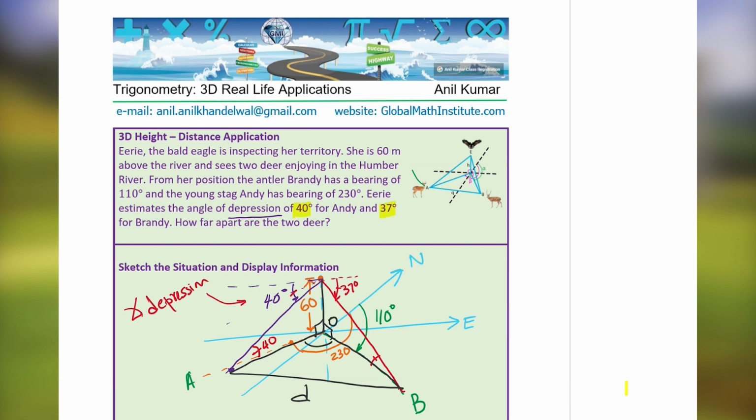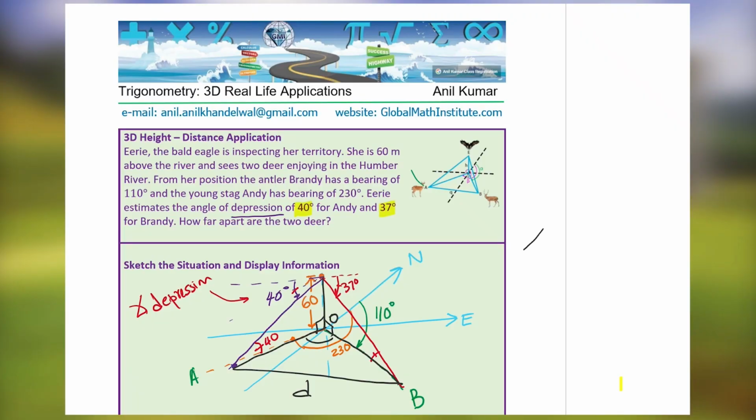Well, you can see it does form a triangle, correct? With center at the origin O, and what we need to know is the angle which AOB makes. So that is the calculation which we have to do. Can you help me to find what is the measure of the angle AOB? Well, let's figure it out.